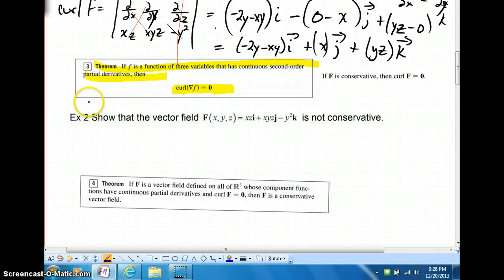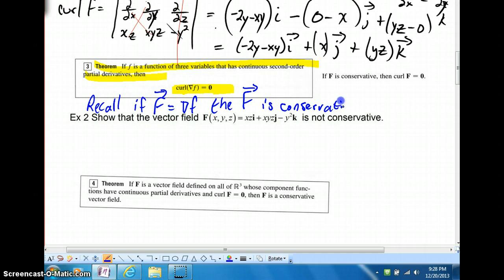But recall that if the vector field may be expressed as the gradient of another function, which we'd call little f, or the potential function, then capital F, this vector field, is a conservative vector field, we would say.